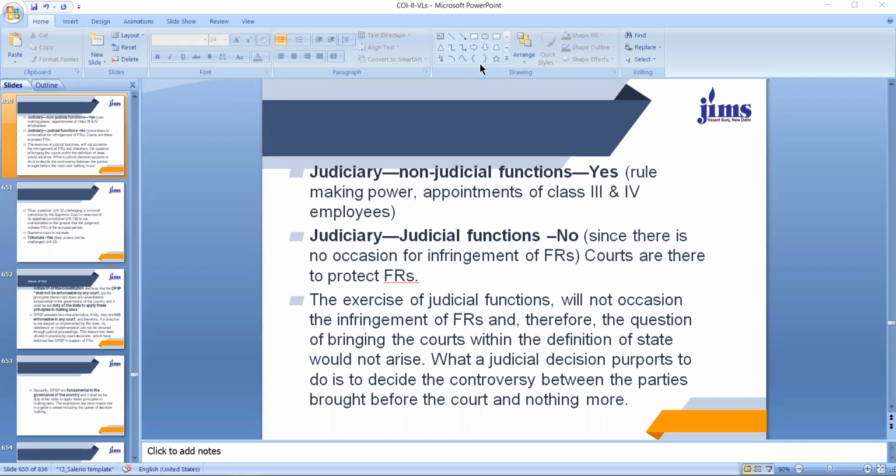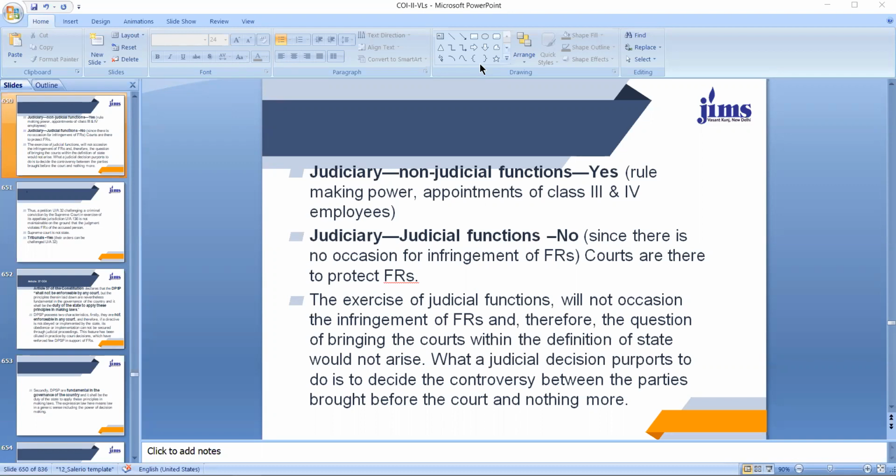The exercise of judicial functions, dear students, will not occasion the infringement of fundamental rights, and therefore the question of bringing the courts within the definition of state would not arise. What a judicial decision purports to do is to decide the controversy between the parties brought before the court and nothing more. Court cannot violate your fundamental rights.